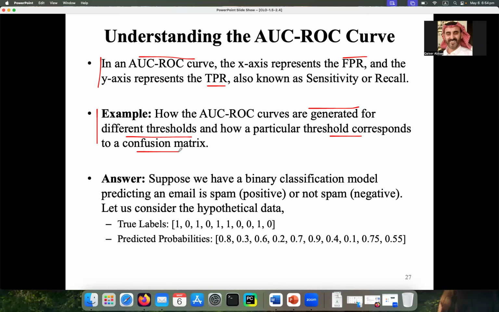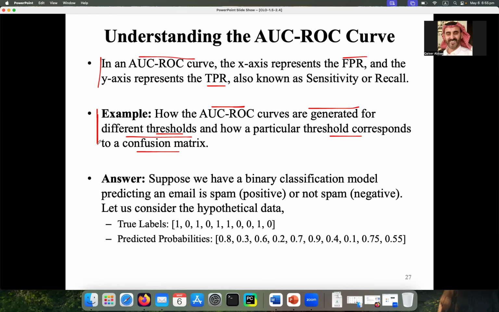This is now the question: how can we generate the AUC-ROC curves for different thresholds? We will change different thresholds and we will get different curves, and for different thresholds, the values in the confusion matrix will change. How can we answer this question?